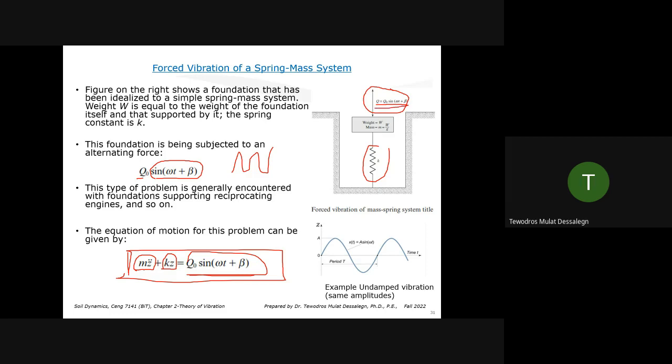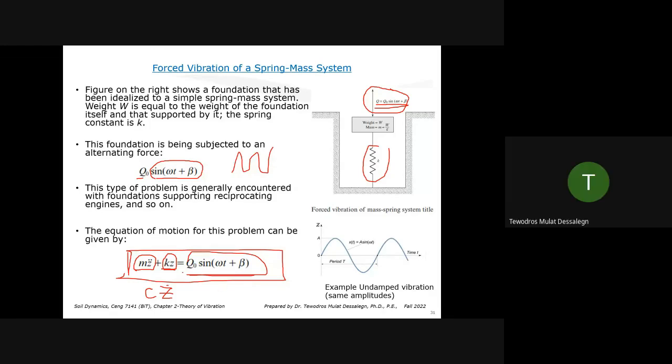But I have only the inertial component and the stiffness component. In the general equation of motion, I also have the damping component, which is C times Z dot. Why am I missing the damping component? It's a very simple answer.